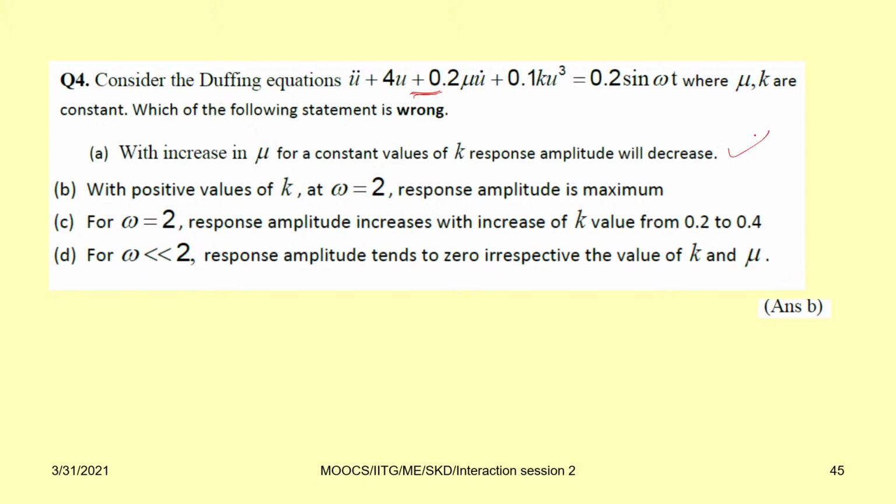With positive value of k, you just see, this will be a hardening type of effect. With positive value of k at omega equal to 2, that is the primary resonance condition.